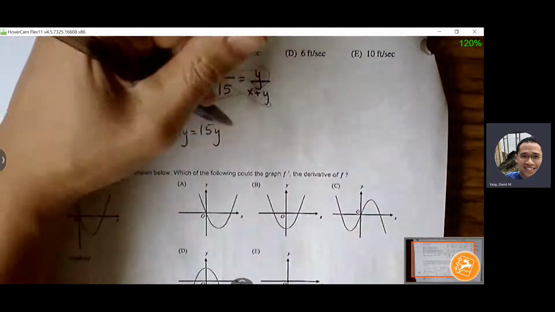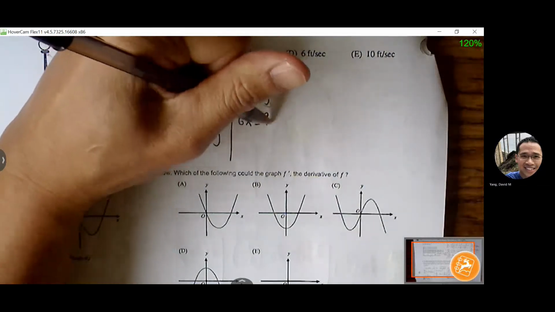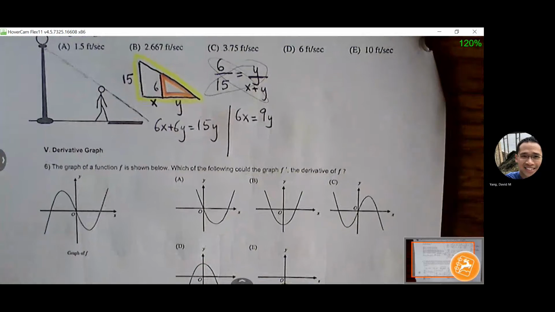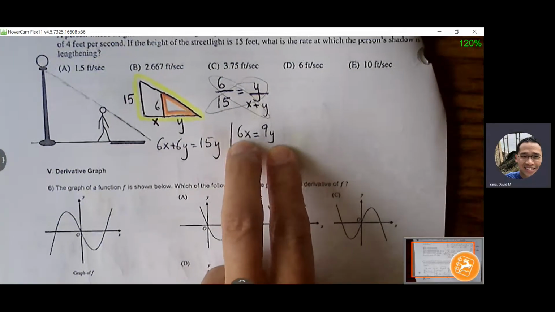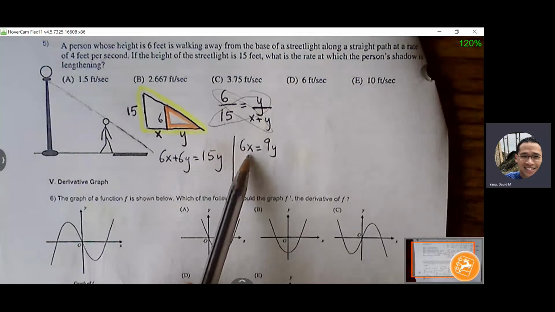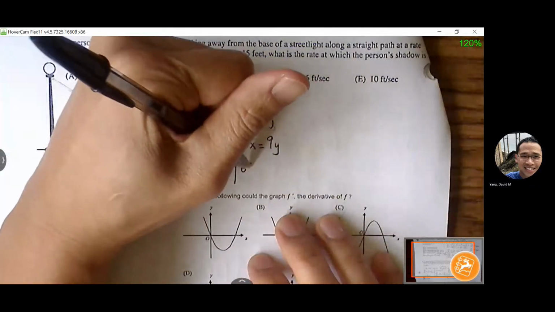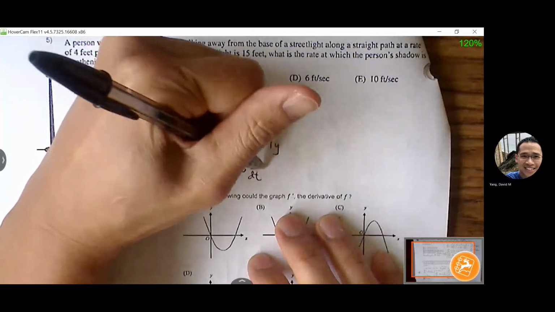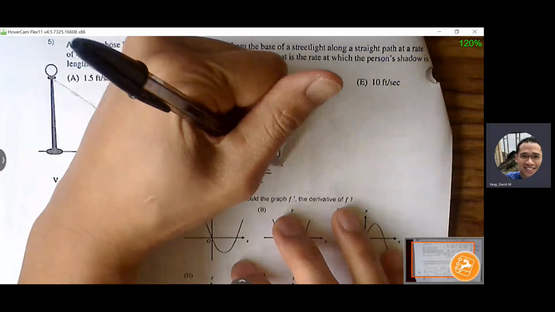Subtract 6y from both sides. All right, so now we have a relatively easy equation here. Let's go ahead and find the derivative. Remember, time is our independent variable. What does 6x become? Yeah, 6 dx/dt. And what does 9y become? 9 dy/dt, okay.